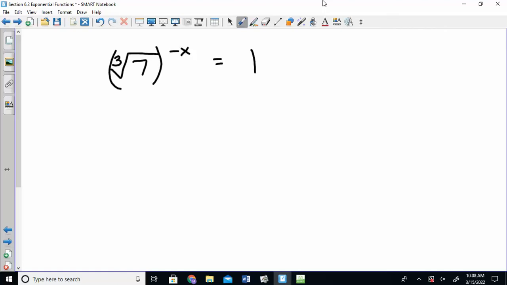Any ideas? You can turn that into a fraction. So the cube root of 7 is 7 to the 1/3. So that's 7 to the negative 1/3 x. I need the same base. What can I change 1 to?